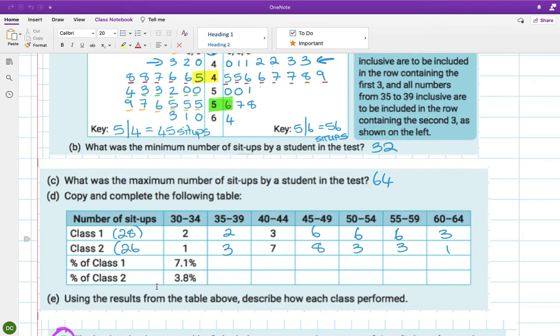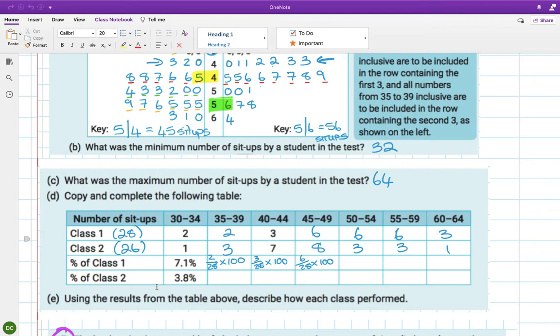Okay, so if I'm going to figure out the percentage of class 1, I'm going to do 2 over 28 and then multiply by 100, and then 3 over 28 and multiply by 100, and then 6 over 28 and multiply by 100, and so on all the way across.